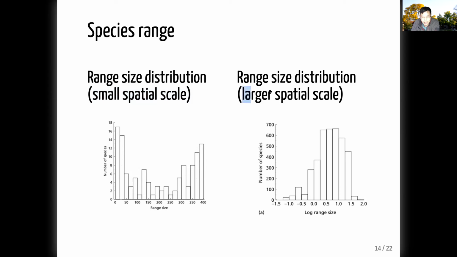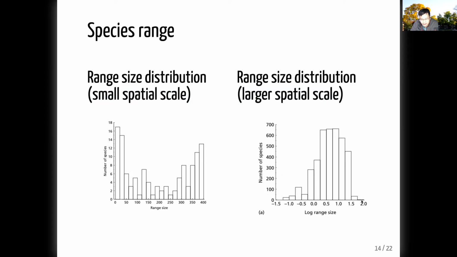But when we look at a large spatial scale, the pattern can be different. Here is an example where, if we take a log transform of the range size, we get a close to normal distribution. Again, the y-axis is the number of species, and we can see most of the species are in the middle, with an intermediate range size.